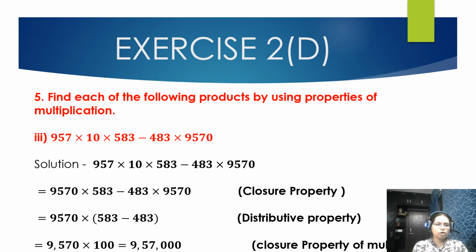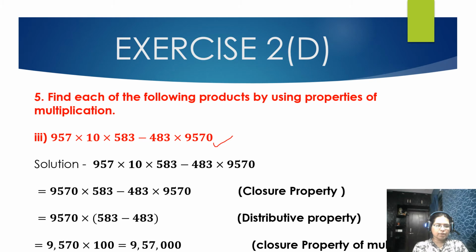Now we solve third bit. 957 multiplied by 10 multiplied by 583 minus 483 multiplied by 9570. We find out the products by using the properties of multiplication.